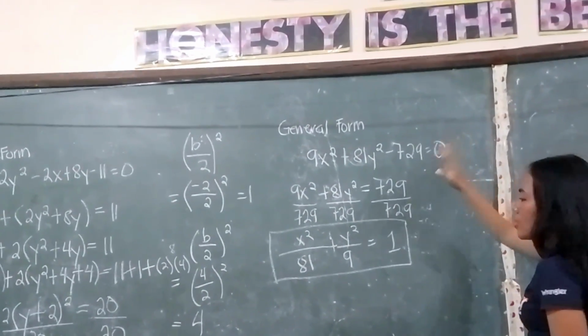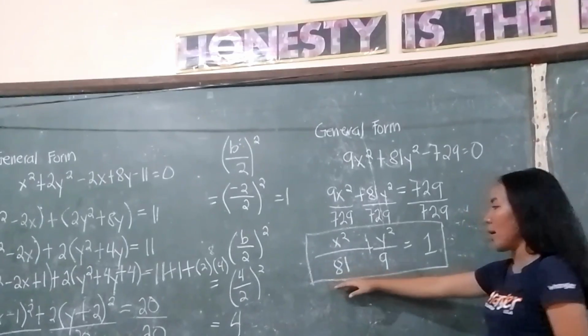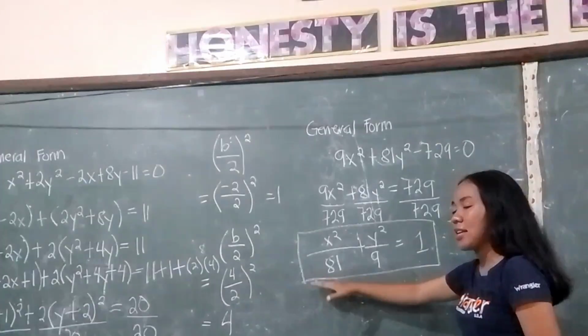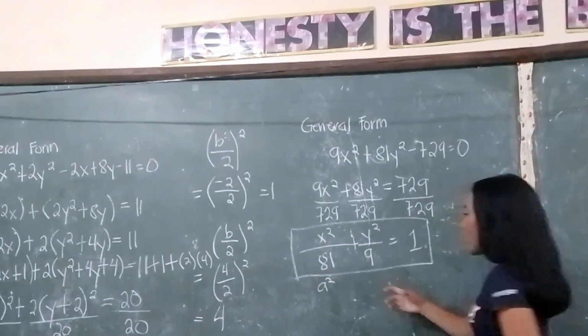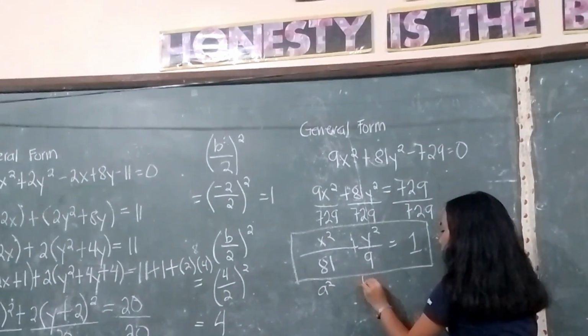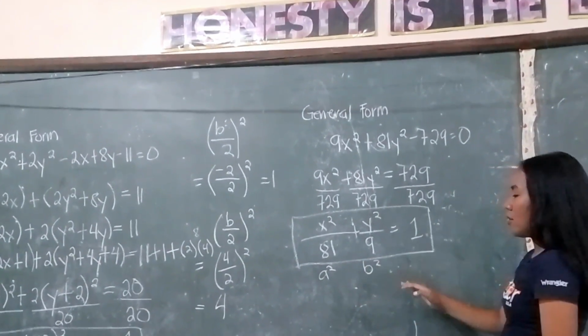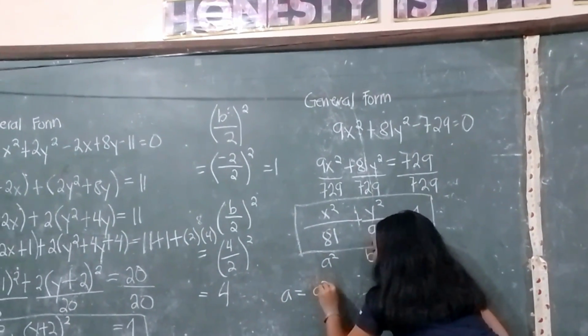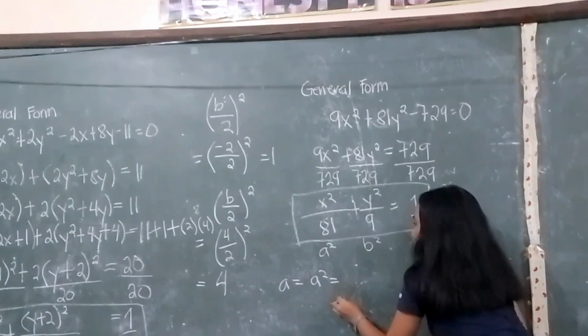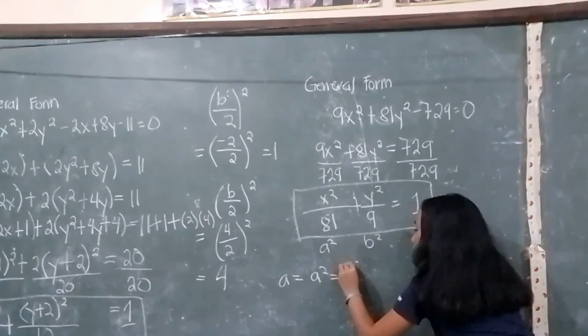Since x squared over 81 has the highest denominator, it is our a squared, and y squared over 9 is our b squared. So to find a, we have a squared is equal to 81.